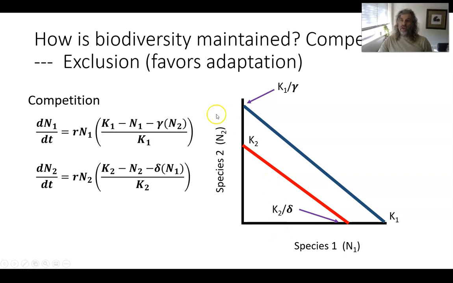Now, I also want to point out here that competitive exclusion, in this case, where you would say that like always you're going to have the loss of one species over the other, is actually a way that biodiversity can be maintained or even created. Competition favors adaptation.